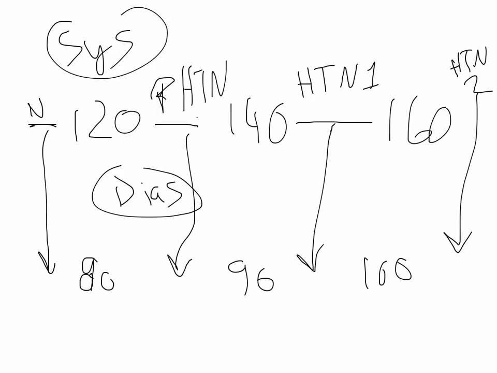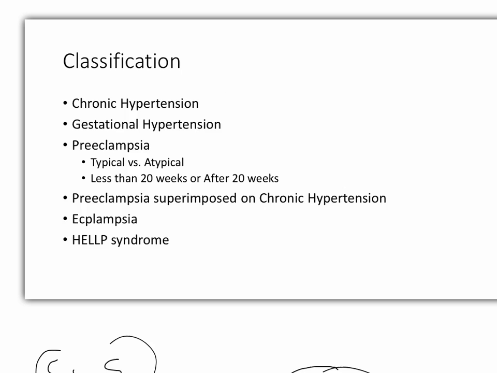For example, somebody who has a systolic of 140 and a diastolic of, say, 85, we would still classify that as stage 1 hypertension. So with that in mind, somebody can have chronic hypertension and then get pregnant and still have hypertension. In that case, it increases their susceptibility of getting some of these other problems.